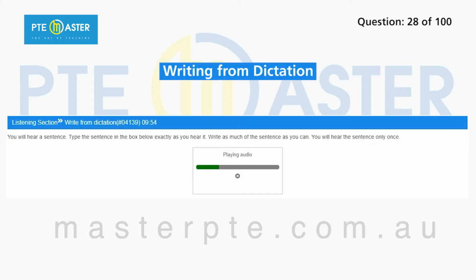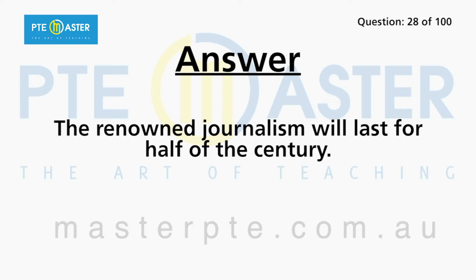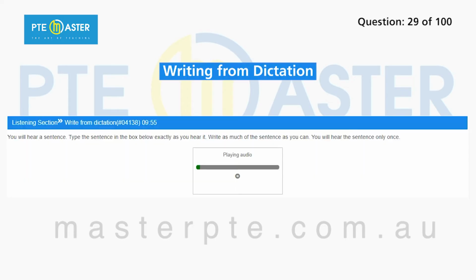The renowned journalism will last for half of the century. The use of mobile phones is not permitted in the library.